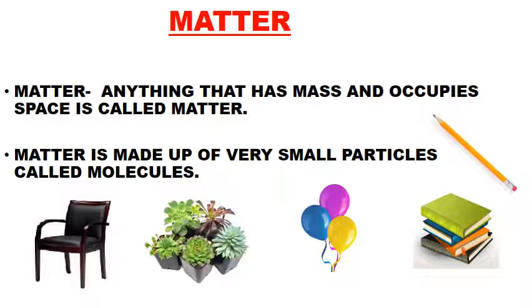Matter is made up of very small particles called molecules. These molecules cannot be seen with the naked eyes. These are arranged in different ways in different substances. Or you can say that the state of a matter depends on how the molecules are placed in it.